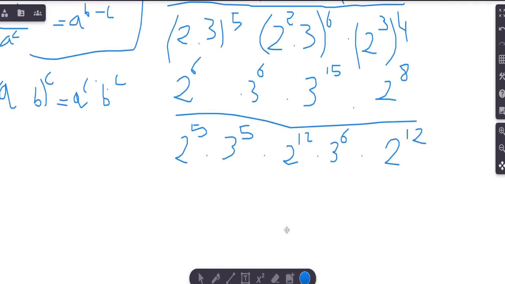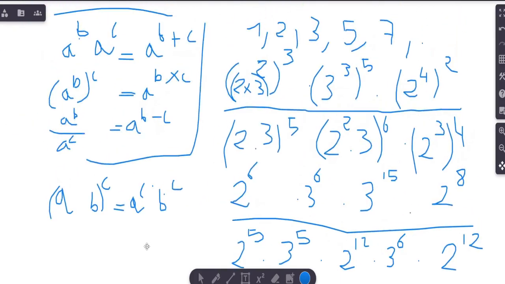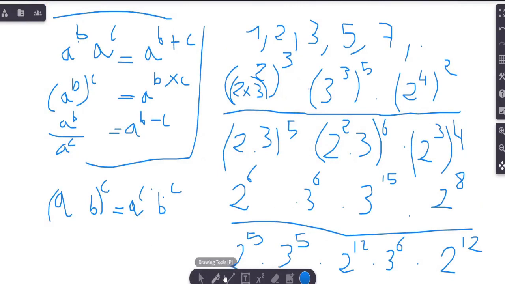So I'm going to rewrite here the powers in descending order. So first the power of 3 on the numerator, and we are going to use this particular formula here. We can add the exponents when we have a to the b times a to the c. It is equal to a to the b plus c.